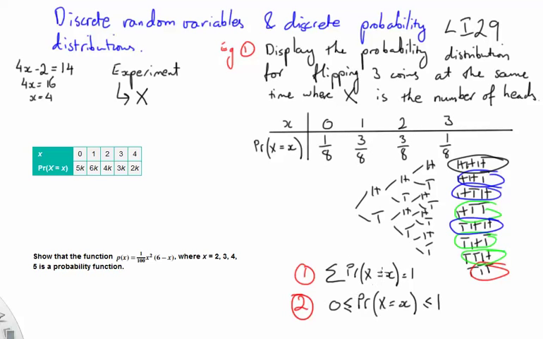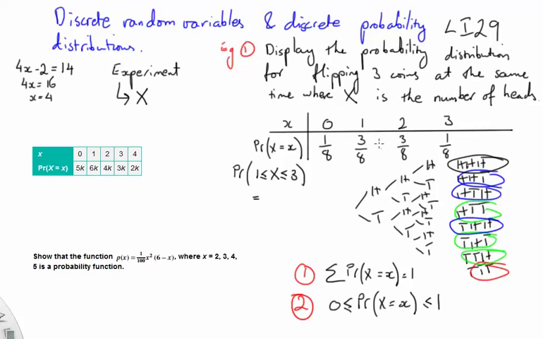So for it to be a discrete probability distribution, it must follow these rules. A question might ask, what's the probability that x is between 1 and 3?